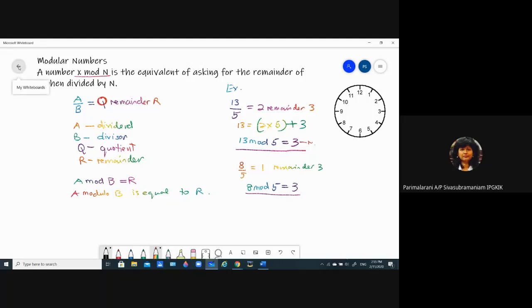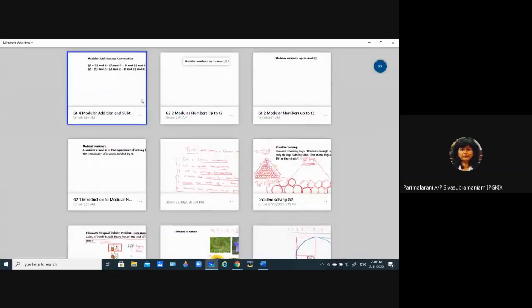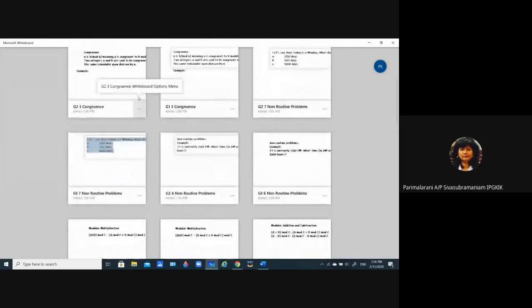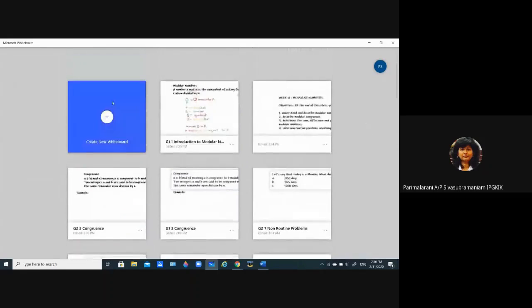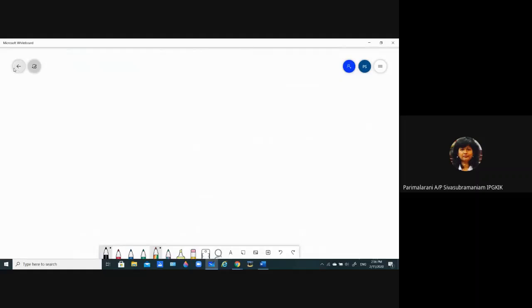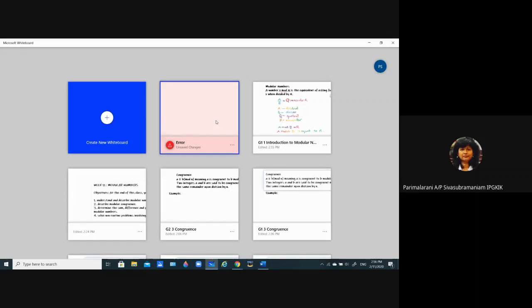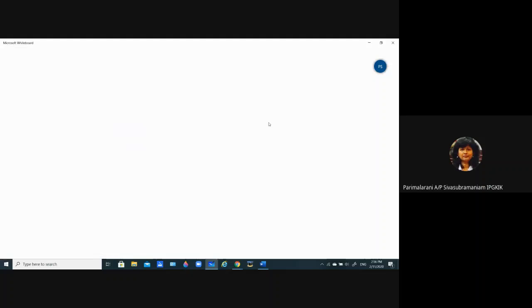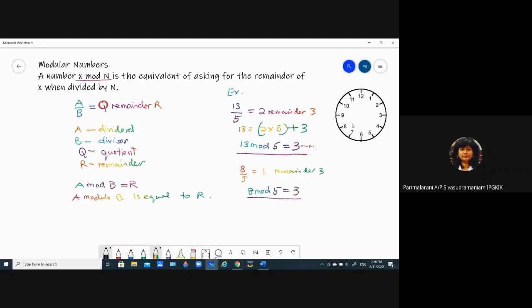Modular arithmetic is also known as clock arithmetic. Have you heard about this clock arithmetic? I'm going to use this picture here. This is the face of a normal clock, right?